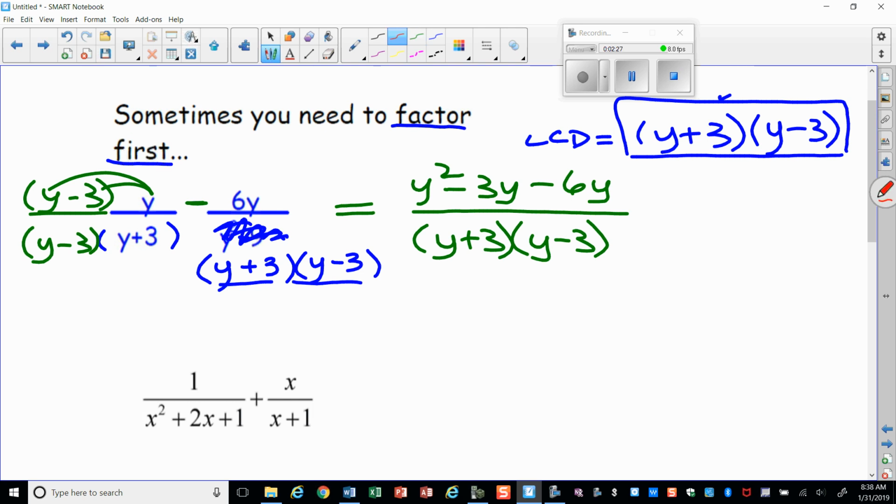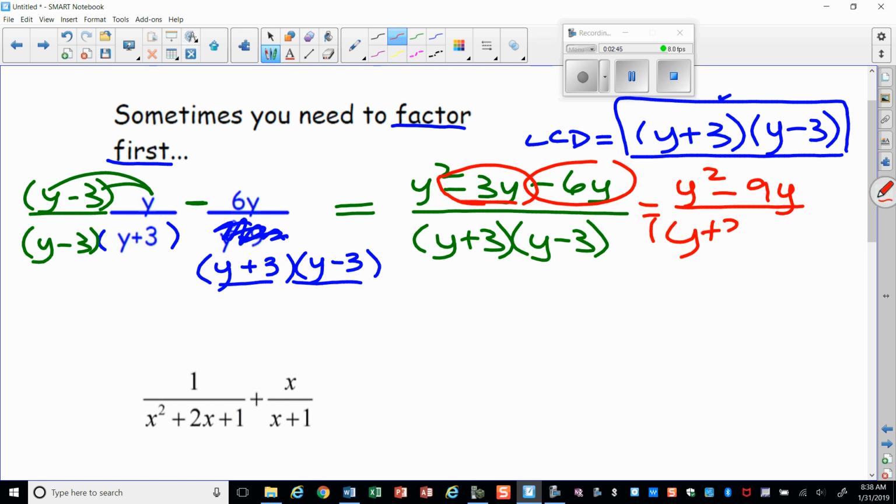And now I have to always simplify. So I'm going to combine my like terms here, right? That would be y squared, and then negative 9y, all over y plus 3 times y minus 3. I'm going to leave these as factors because I might be able to reduce. I can factor out a common factor of y on the top, so y times y minus 9.